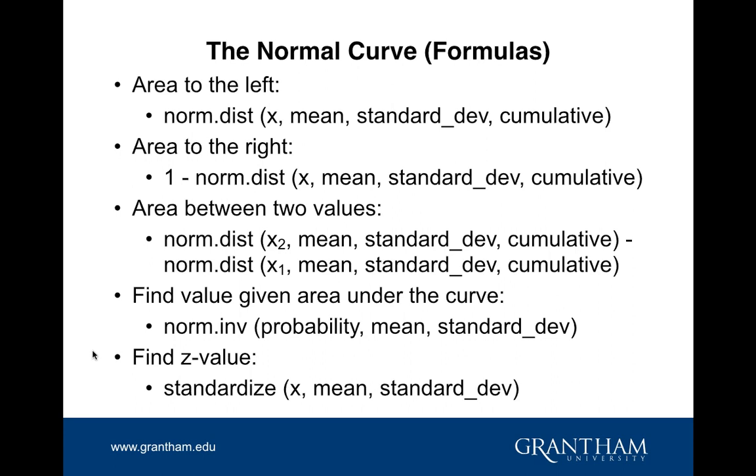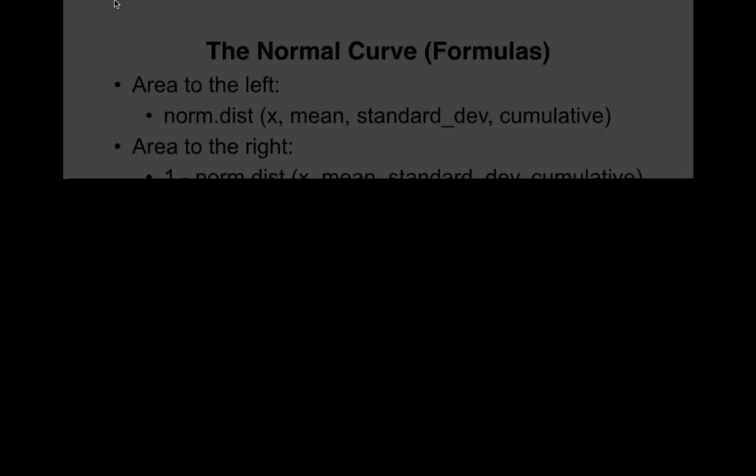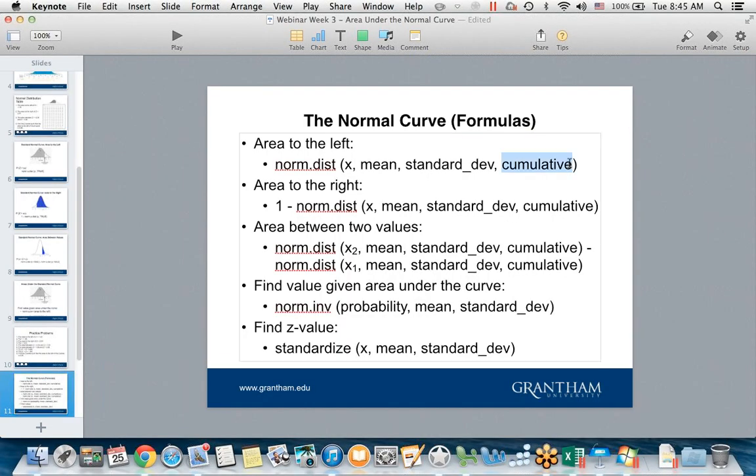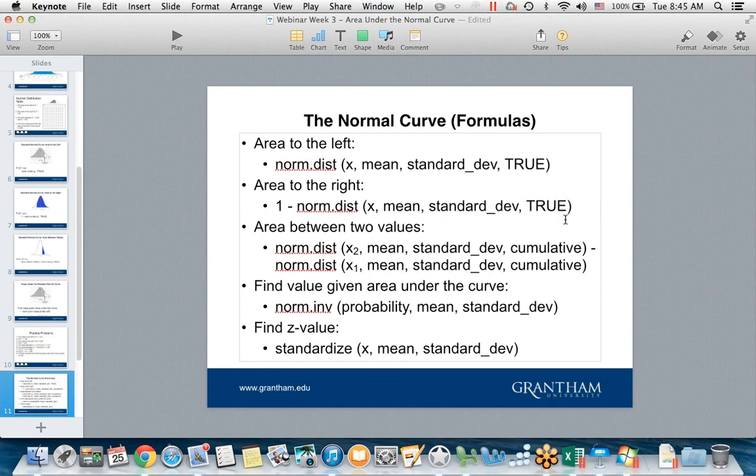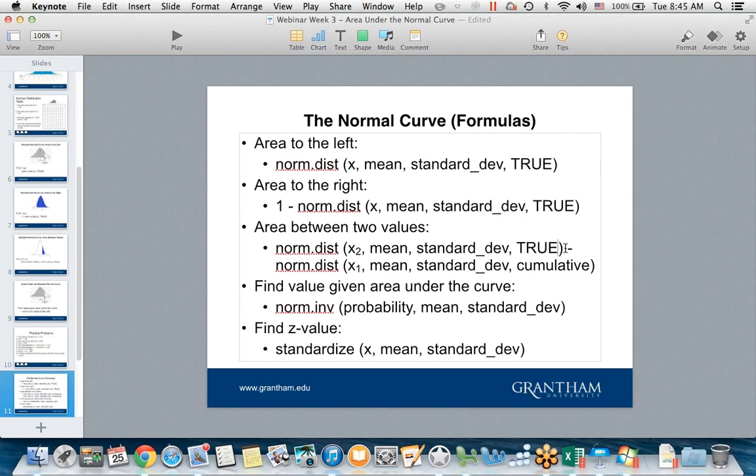Looking here on the screen, we see that there are many formulas: the area to the left, the area to the right, the area between values, given area under the curve find the value, and finding z values. That last one we're not going to talk about, but you can have it for reference. Now I'm actually going to change some of these formulas. They're not wrong in and of themselves, but I just don't want you to get confused.